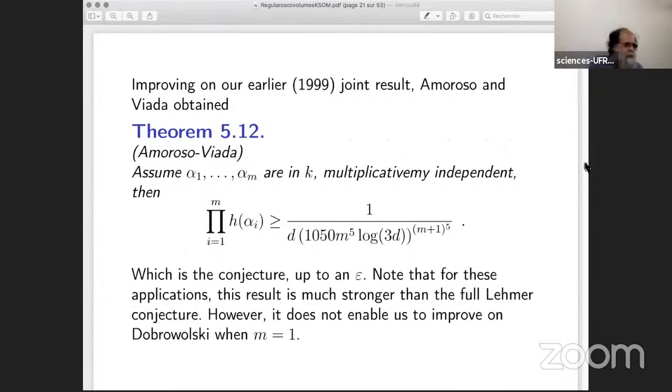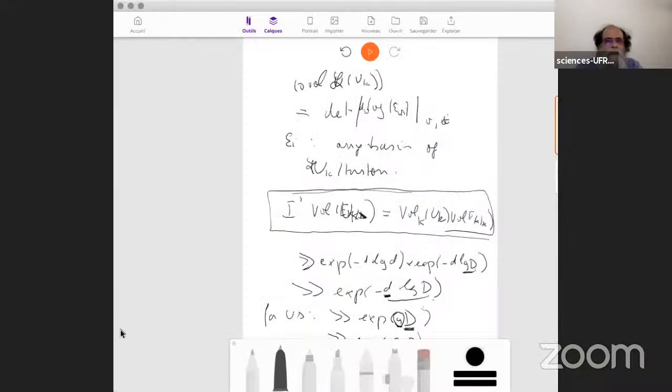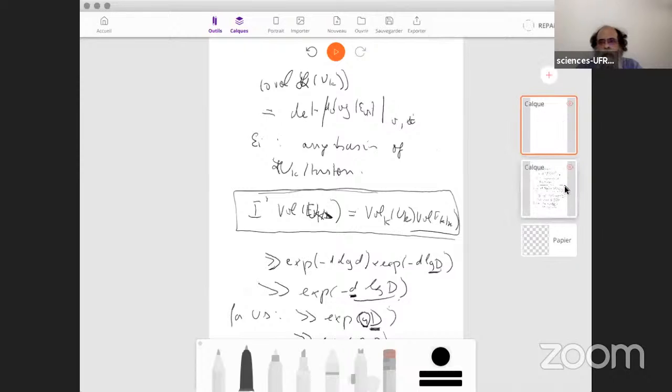But there is a strange thing. Maybe I'll write it down on the slide on the tablet. Here I need to change page, so I make a new page.